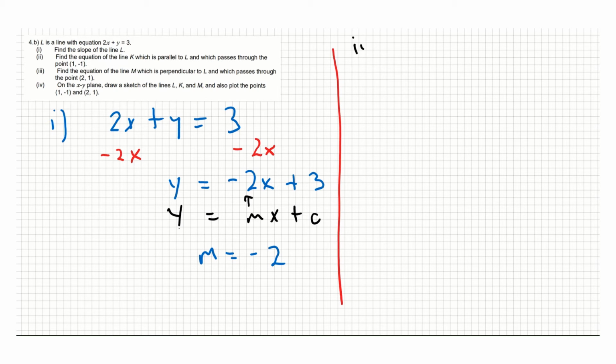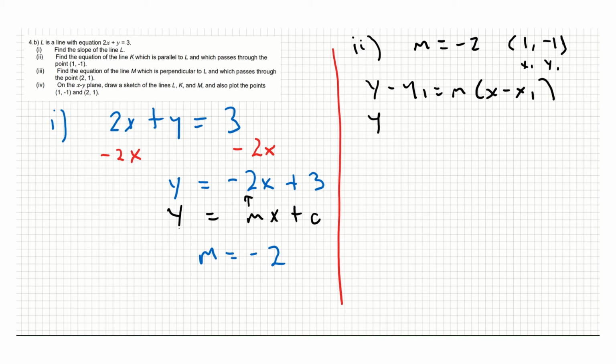Part 2, the parallel will have the same slope, so m equals minus 2, and it tells us the point 1, minus 1, and that'll be x1, y1. So the formula, you don't need to know this off, I don't think: y minus y1 equals m times x minus x1, and we sub it in.